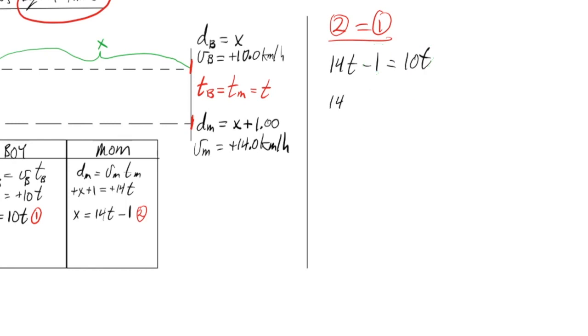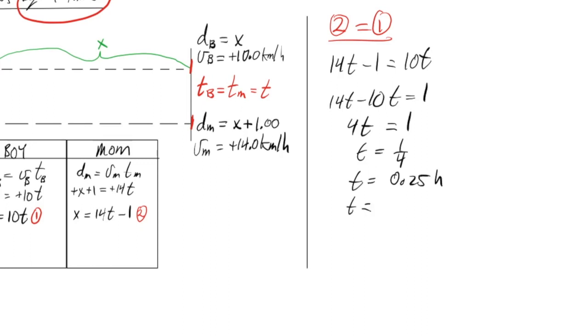So this gives me 14t minus 10t is equal to 1. Combining like terms, that gives me 4t equals 1, t is equal to 1 over 4, t is equal to 0.25 hours, which equals a quarter of an hour, which is 15.0 minutes, 3 sig figs.